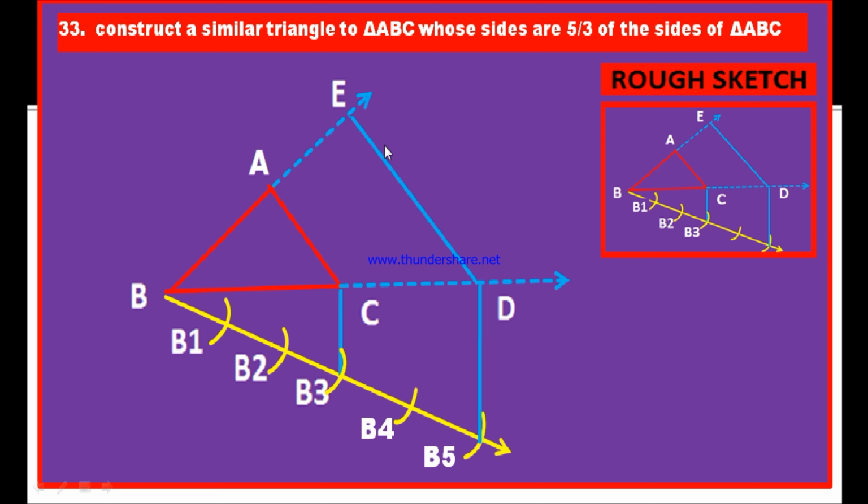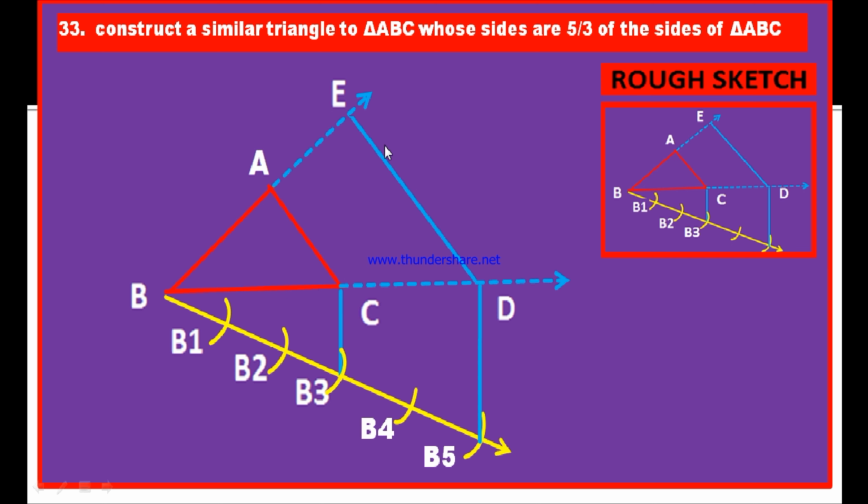After drawing this, here are the steps of construction. The first step is mark 3 points ABC on the paper and join them to form a triangle ABC. Second, draw a ray BX which makes an acute angle with BC.